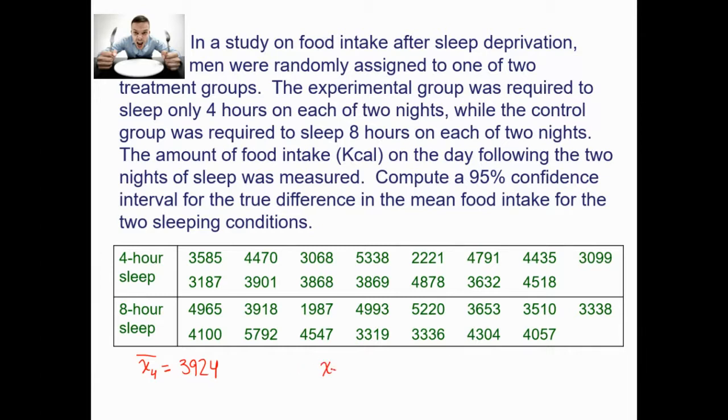The average for those that get 8 hours of sleep is 4,069.267.